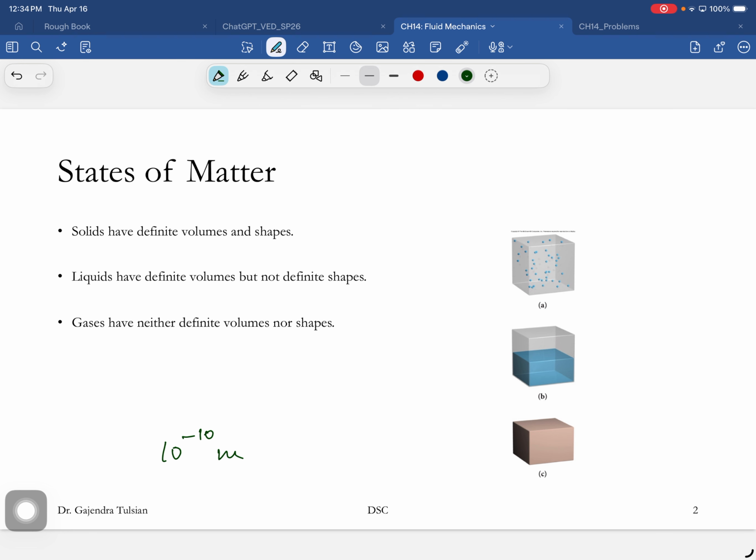Okay. In solids, the atoms are touching each other. In liquids, they are twice as far. Okay. And in gases, so if the atom is the size of your fist, in solids they're touching each other, they're that far apart. In liquid, and in gases they're about 10 times as far.